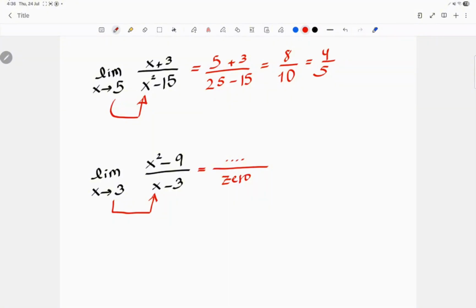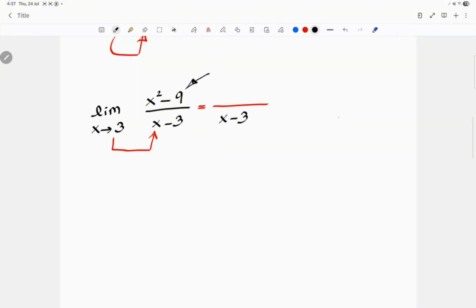So before you replace the bottom and get a 0, try to remove that x minus 3. If you could remove it, it's perfect. Let's see if that's possible. So look, the x minus 3 stays the same, but the top of the equation can be changed into something else.